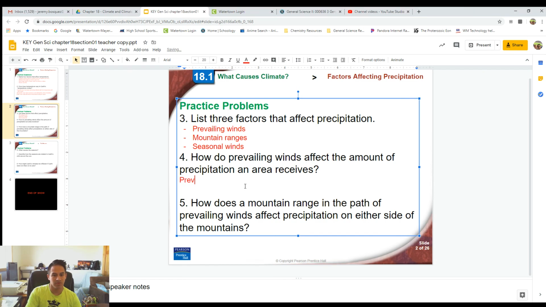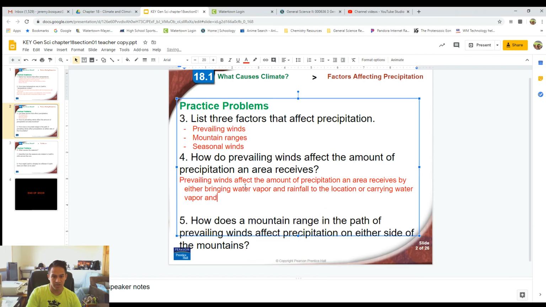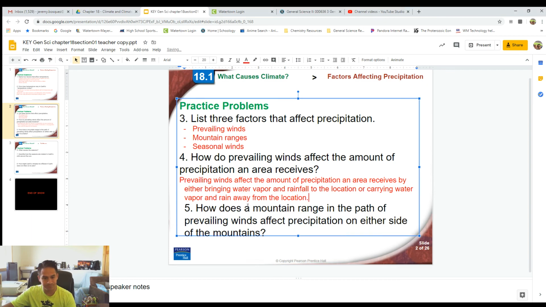So we'll say prevailing winds affect the amount of precipitation an area receives by either bringing water vapor and rainfall to the location or carrying water vapor and rain away from the location. Okay, something along those lines.